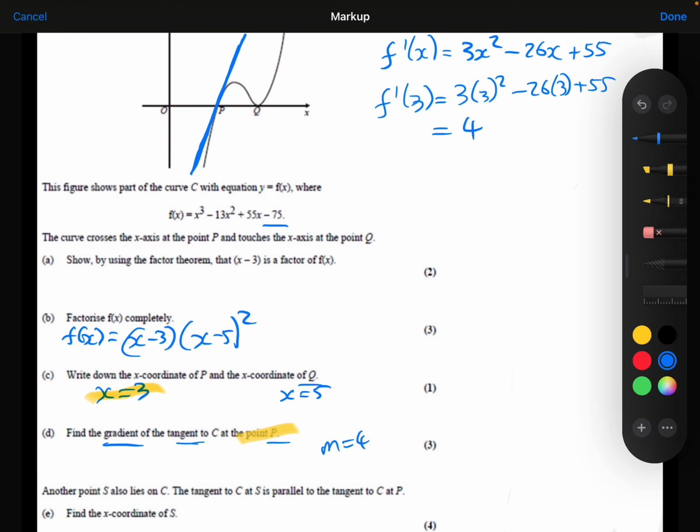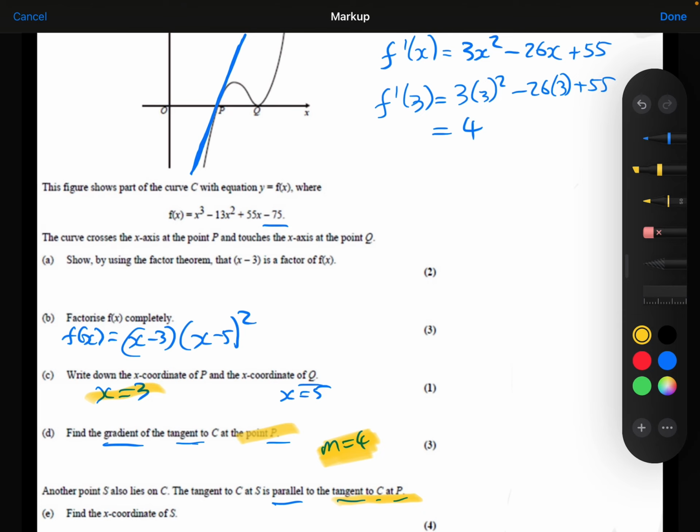We're then told that there is another point S that also lies on C, and the tangent to the curve at S is parallel to the tangent to the curve at P. Now, I've just found that the gradient of the tangent at P is 4.